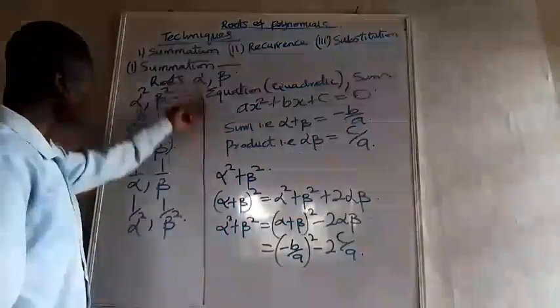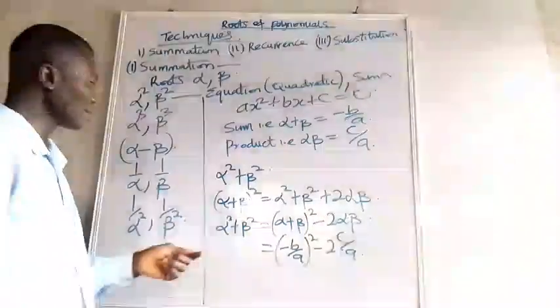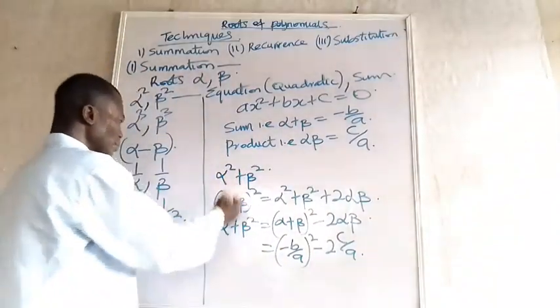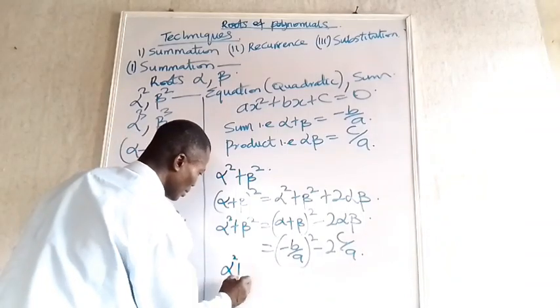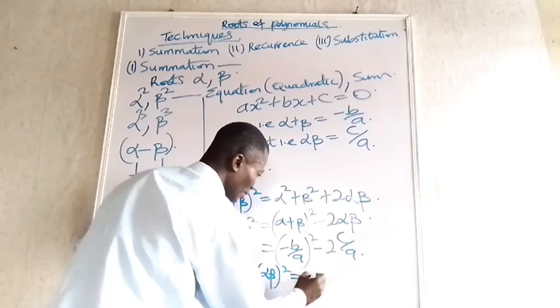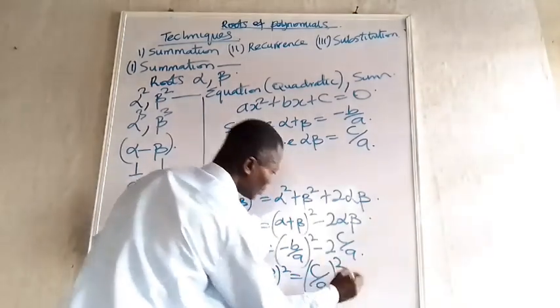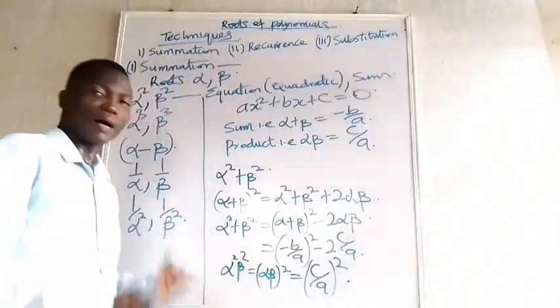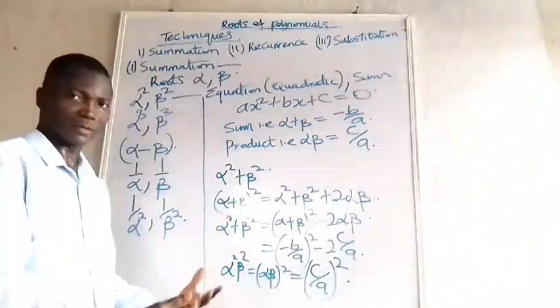This is what we mean in this topic, roots of polynomials. Which means, if I can find this sum, and then, if I want to find the product, alpha squared beta squared will be alpha beta all squared, which is c over a squared. So with this too, I can find this, and form a new quadratic equation.